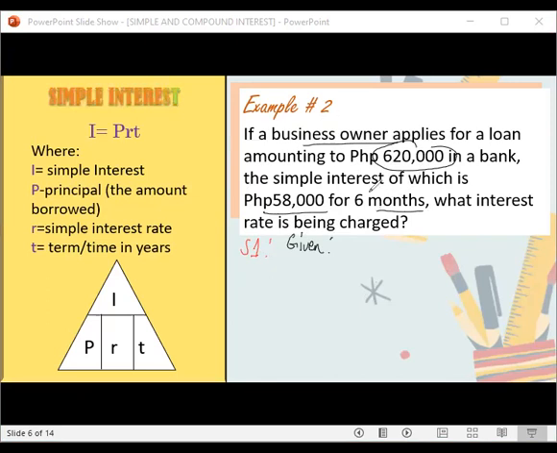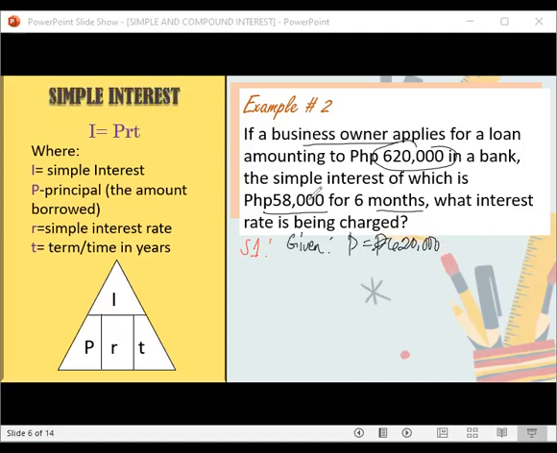Okay, basahin ulit natin. So, yung business owner ay nag-apply ng loan amounting to 620,000. So, ibig sabihin, yan yung principal. So, principal is equal to 620,000 kasi yan yung amount of money na niloan niya.